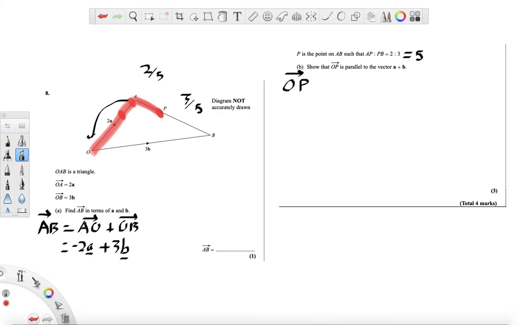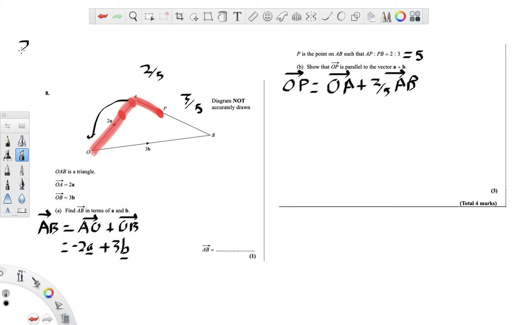So it will be OA plus 2/5 of AB, because 2/5 of AB is AP.